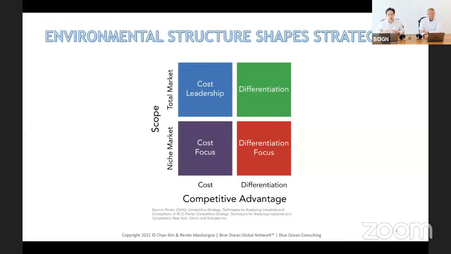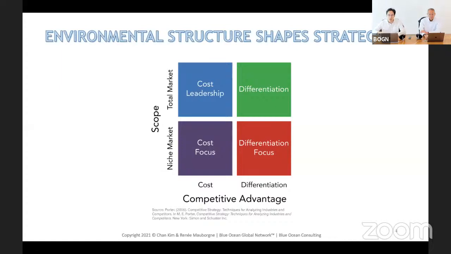Or you can offer a premium, high-quality product to the high-spending segments of the industry. In this case, we call it differentiation, right? But if you want to target instead a small but profitable niche market, then you can focus on lowering the cost in that niche market. This is cost focus, right?